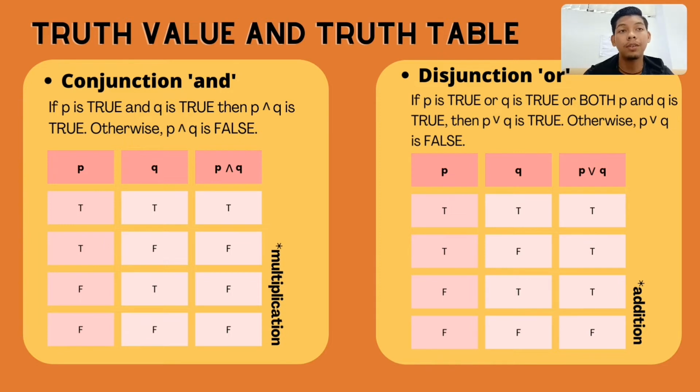If P is false, Q is true, the statement P or Q is still true. But if P is false, Q is false, the statement P or Q will be false. I put the addition. If you add 1 with 0, you get 1. And if you add 1 with 1, the maximum number is 1, which is still true. But if you add 0 with 0, you will get 0, which is false.